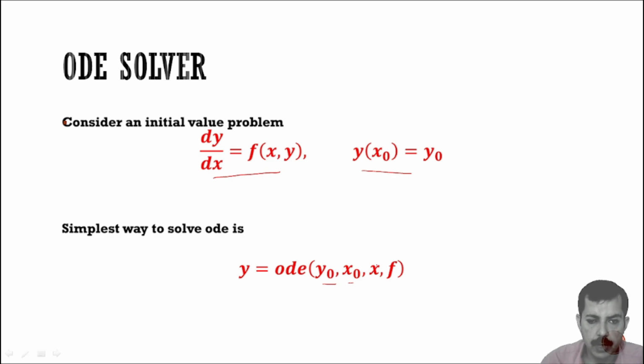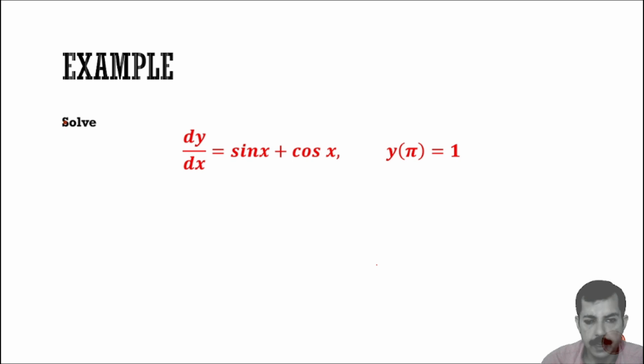Suppose we are considering one initial value problem. First we have to identify what is my f of x, y. If you compare with the general case, my f of x, y is sin x plus cos of x. First we define our function here by using the function keyword, and I'm writing here dy dx.